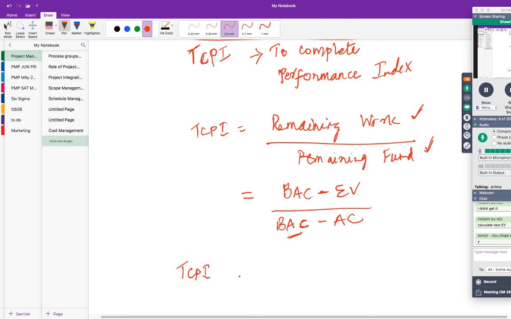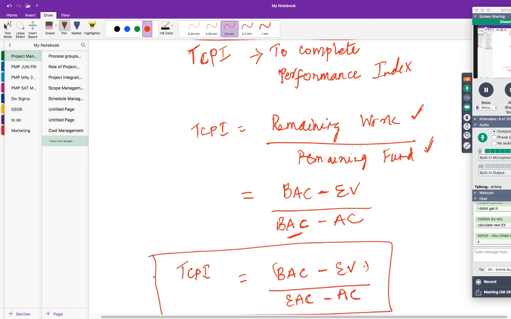Then TCPI is equal to BAC minus EV. Your remaining work remains the same, right? So this is your remaining work. This remains the same, but the fund alone increases, right? So what is your new fund? New fund is your EAC. In this, you have already spent some money, so actual cost. This is something like a new thing.